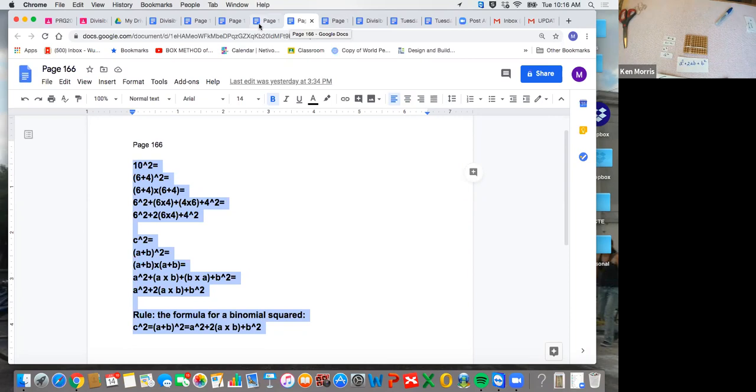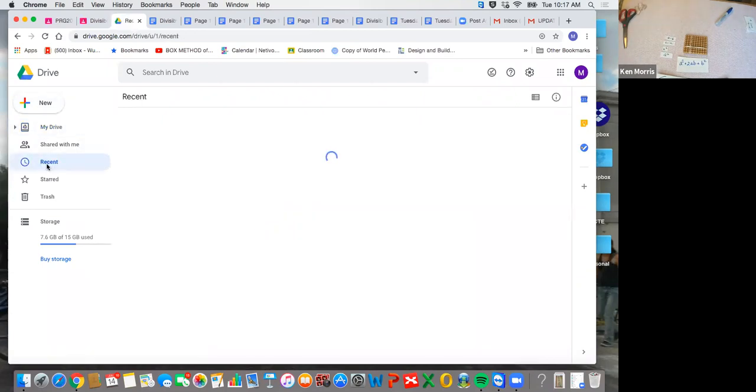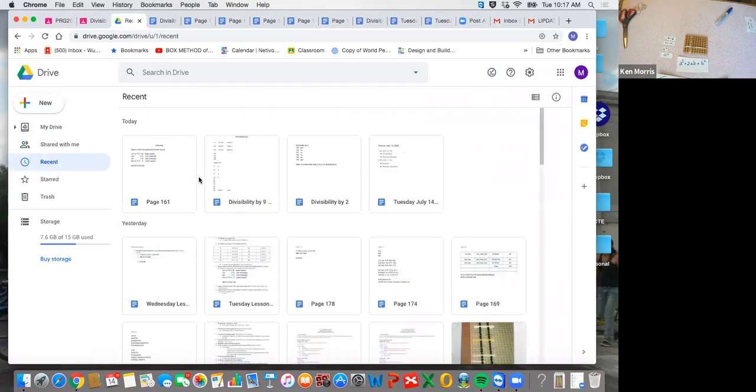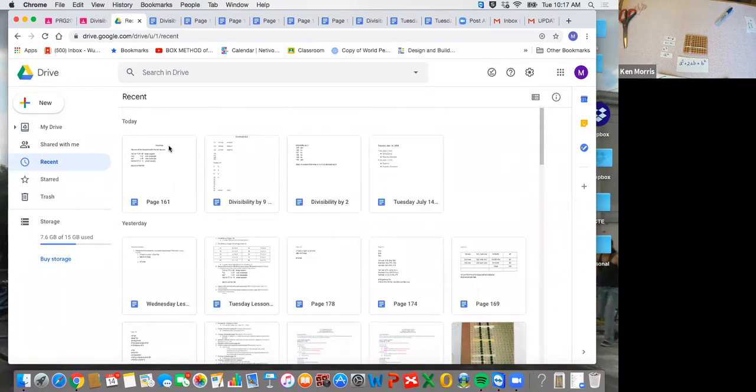Let's see, where is it? I don't seem to have it up. Let's see if I have it. Recent, page 163. Okay, I guess I didn't make it. I'll make it right now.